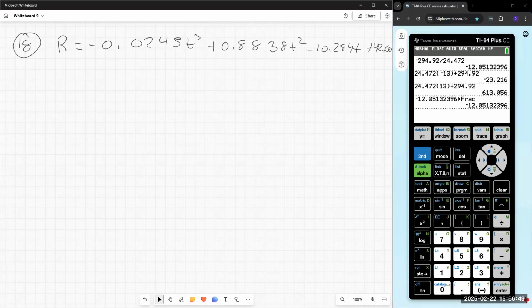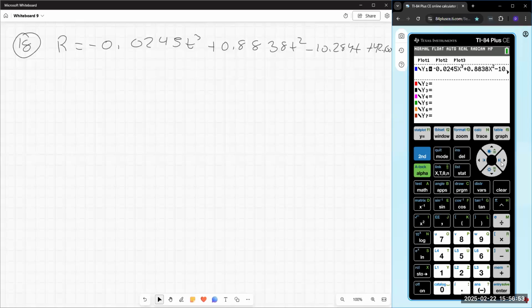And I have that in my calculator already because they want us to graph it, with x instead of t: negative 0.0245x cubed plus 0.8838x squared minus 10.284x plus 42.60.